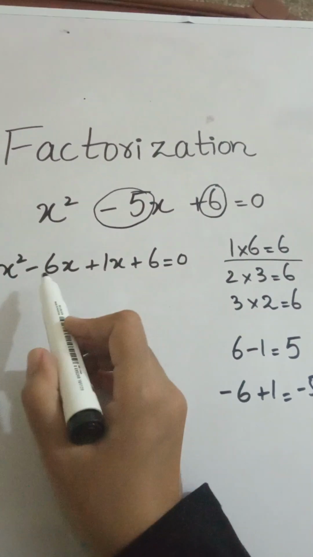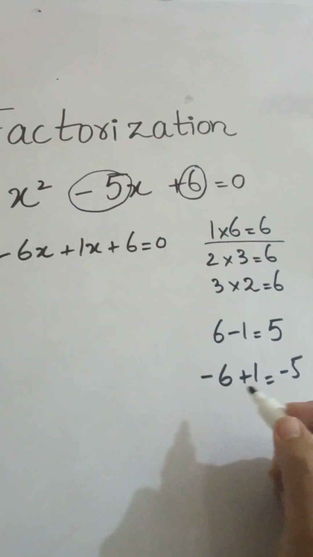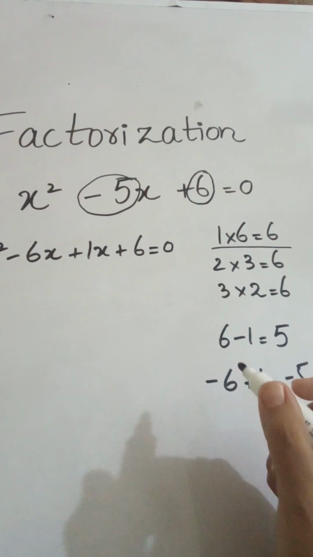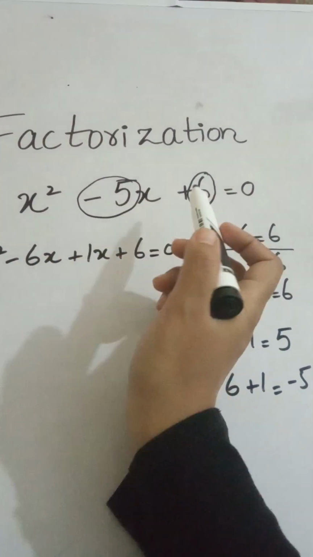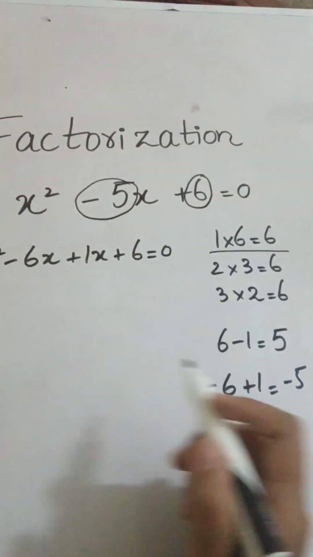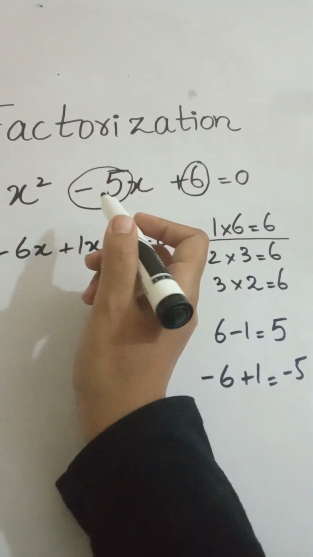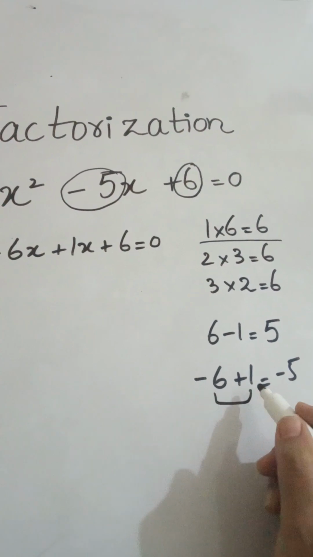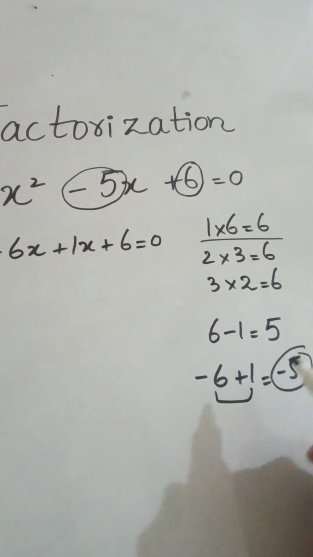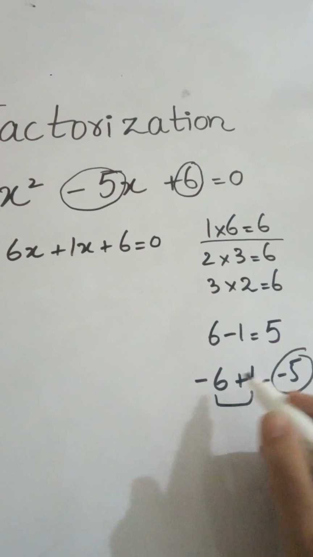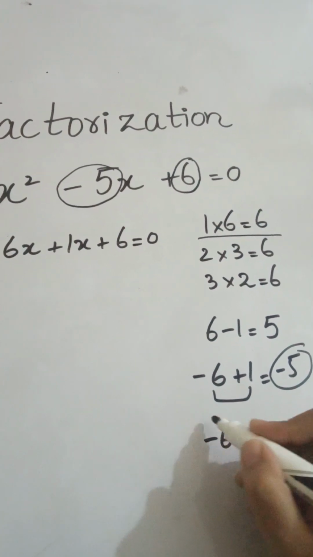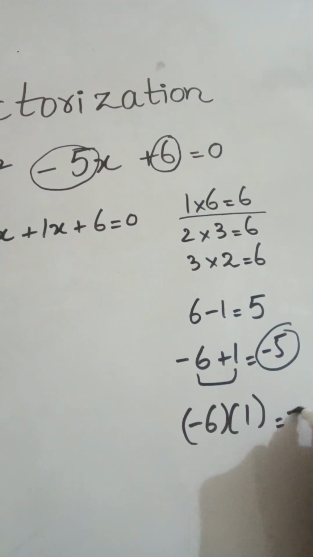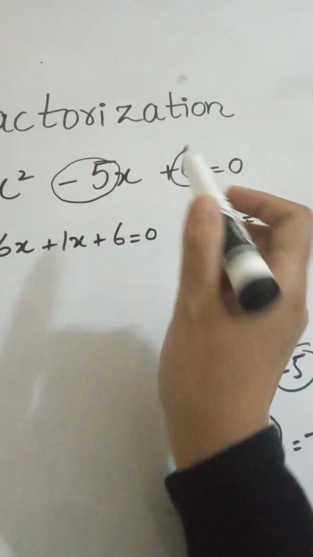How would I know? There is a rule: when you multiply those numbers you get the constant term, and when you add or subtract you get the middle term. By taking the pair minus 6 plus 1, I get the middle term after adding them. But when I multiply minus 6 times plus 1, I will get minus 6, and my constant in this equation is plus 6.